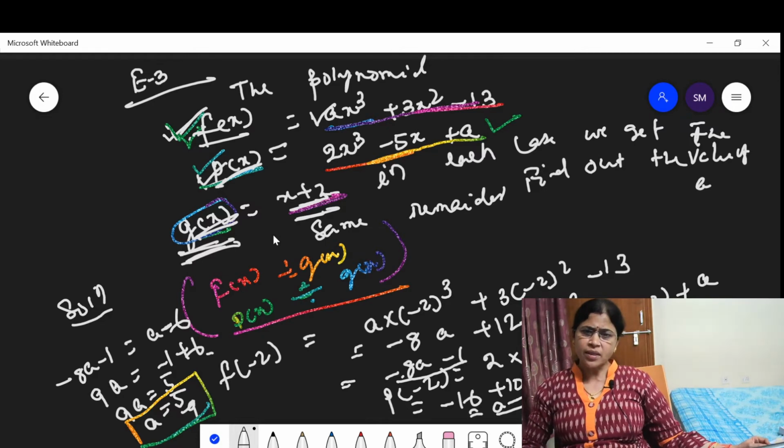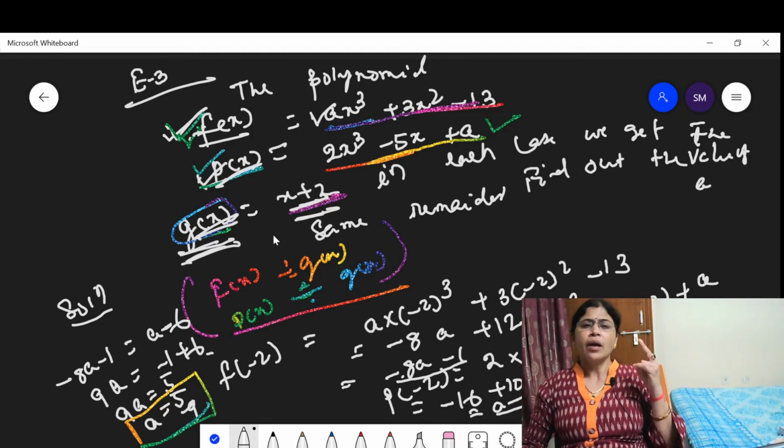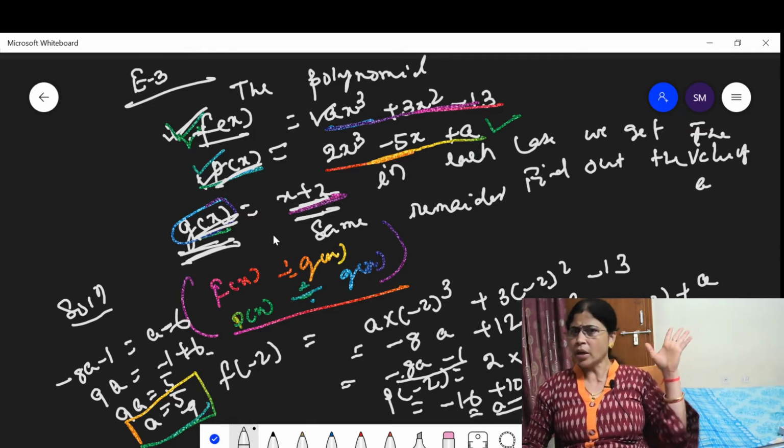When f(x) and p(x) are divided by g(x), in both cases we get the same remainder. According to the remainder theorem, when f(x) is divided by g(x), f of minus 2 is the remainder.